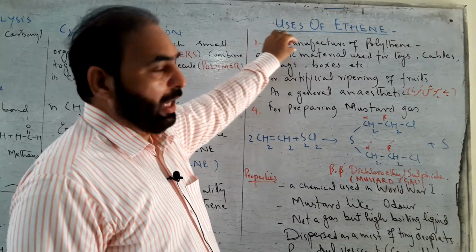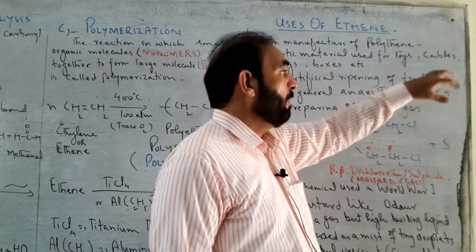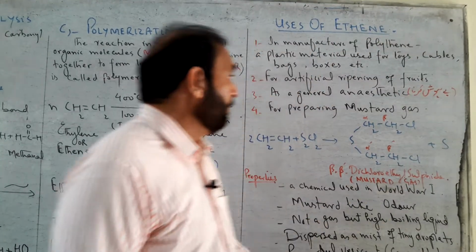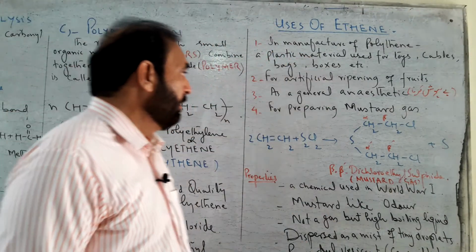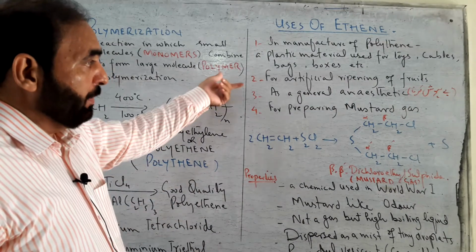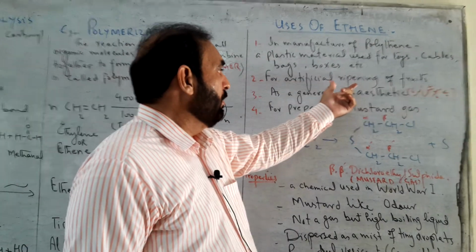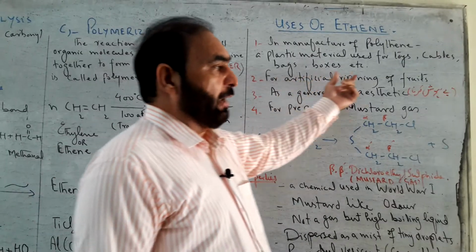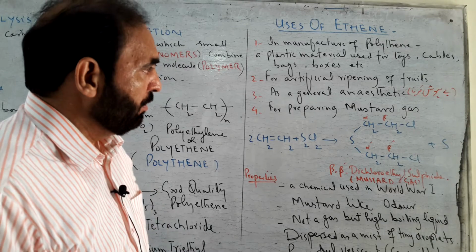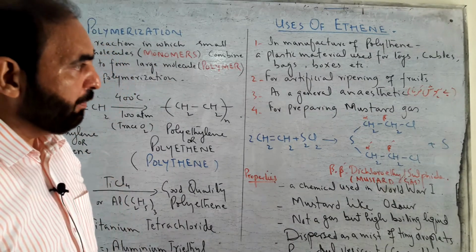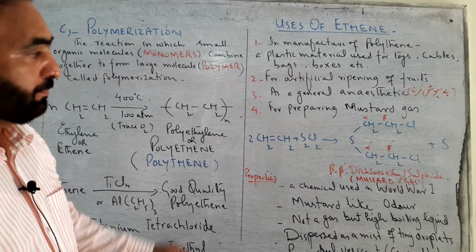Polythene is a valuable plastic which is used to make toys, plastic cables, plastic bags or boxes. Ethene can also be used in order to perform artificial ripening of fruits. Fruits can be ripened artificially by the use of ethene gas.